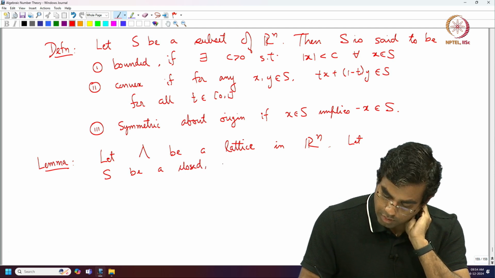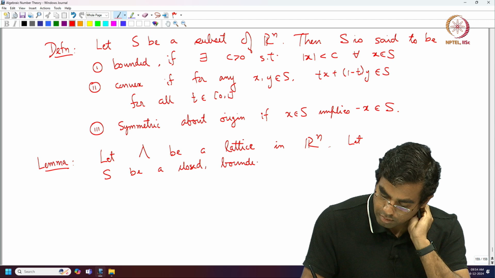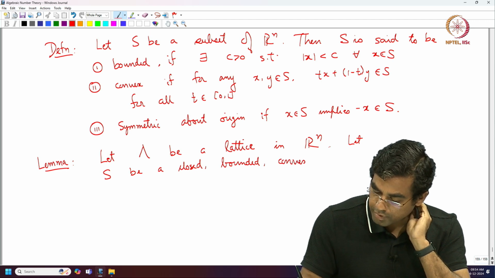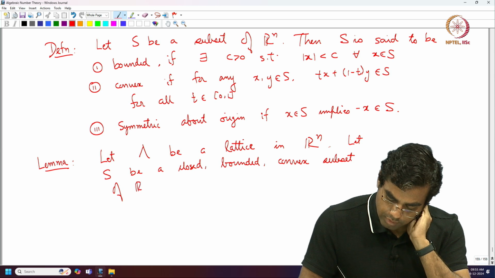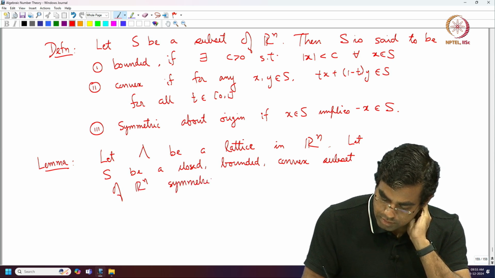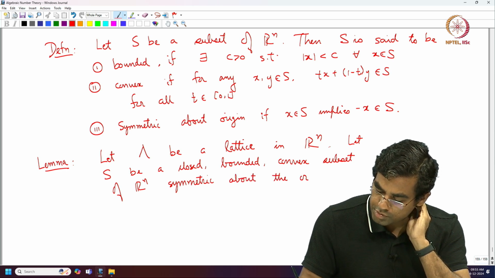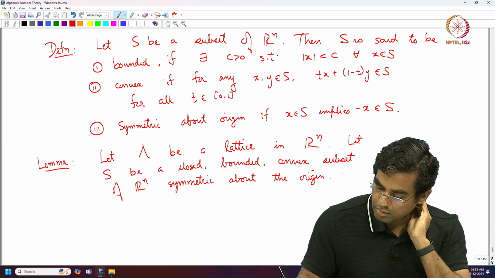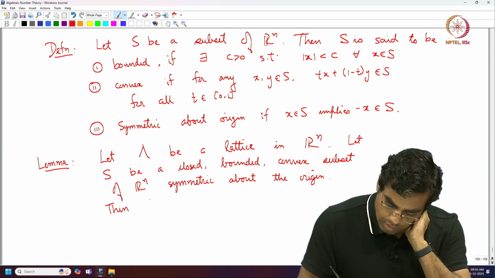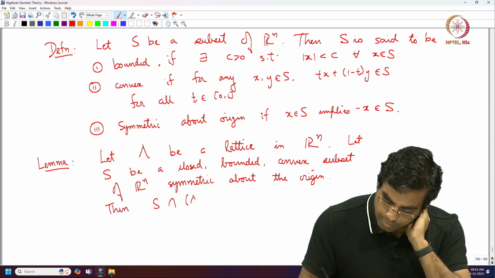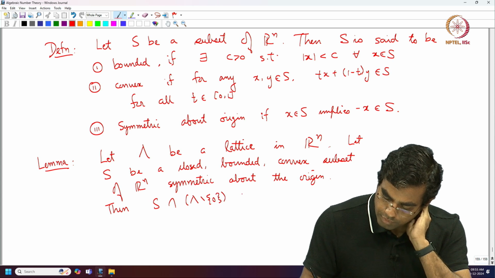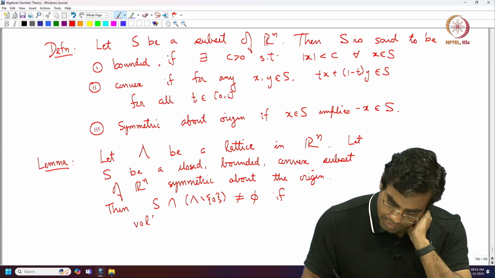Closed, bounded, convex subset of R to the n, symmetric about the origin, then S intersected with lambda minus 0 is non-empty if volume of S is large enough.